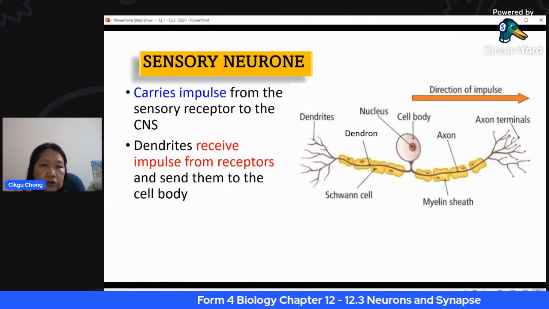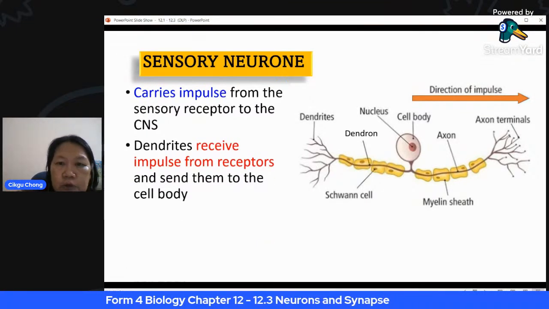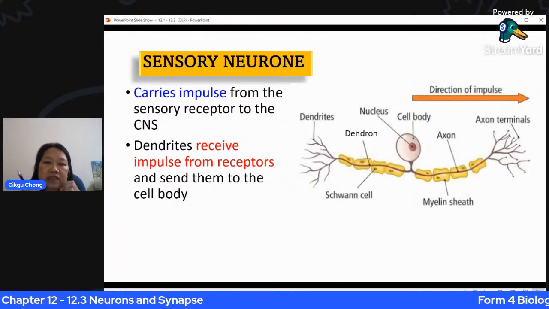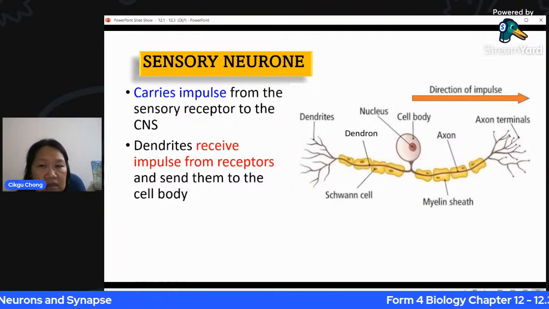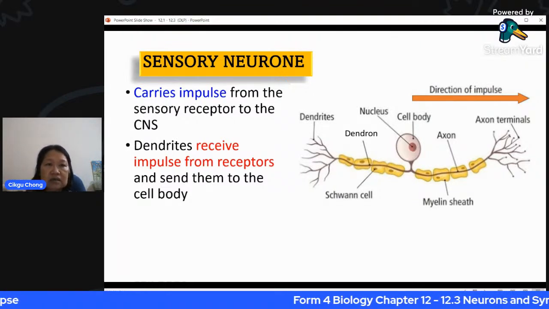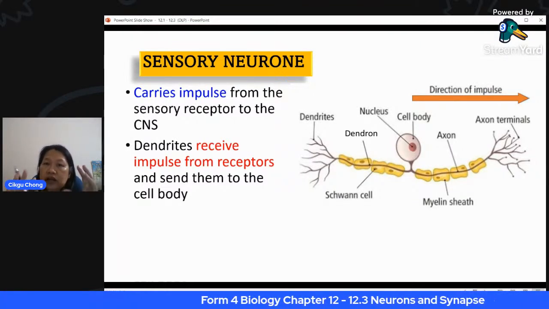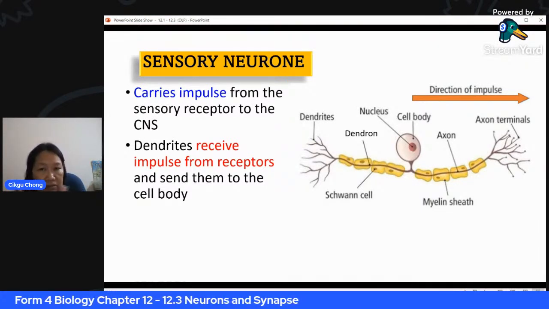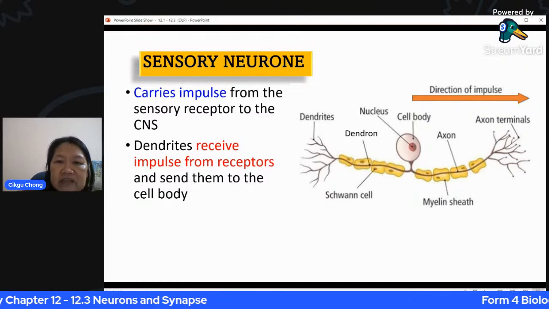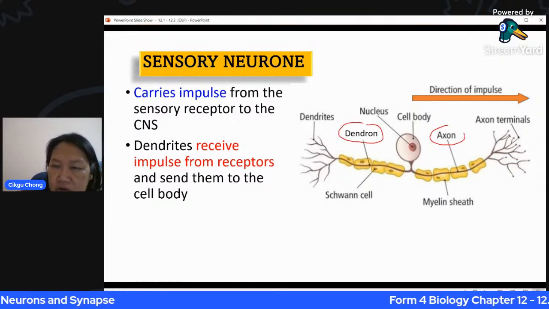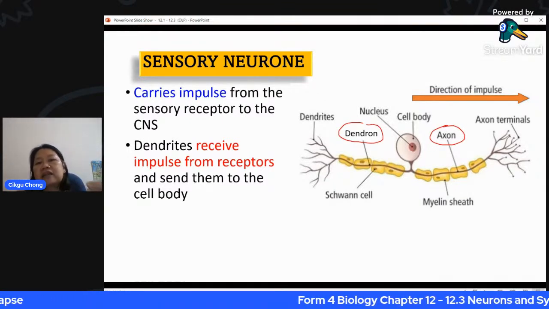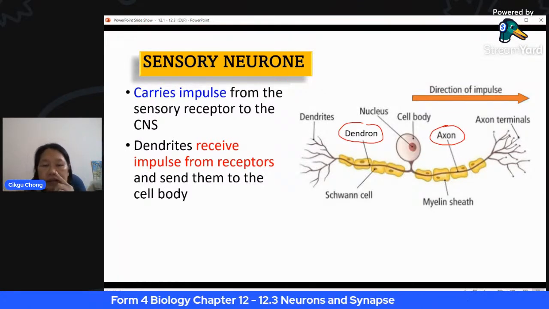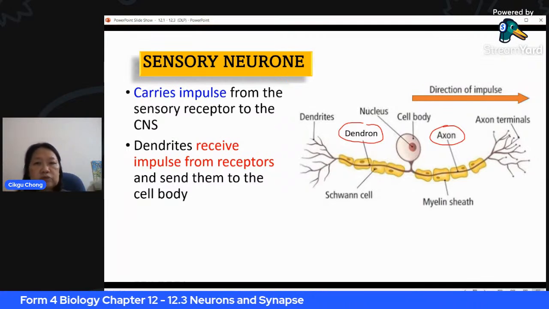Now how do you recognize it? Most sensory neurons have the cell body in the center of the entire neuron, not on one side. The cell body is roughly in the middle, and then you will have the dendron and the axon. The dendron is the filament that passes the impulse into the cell body.